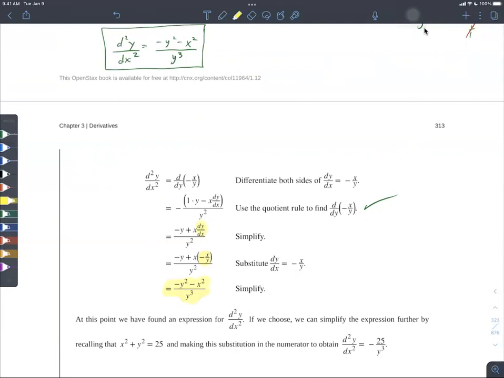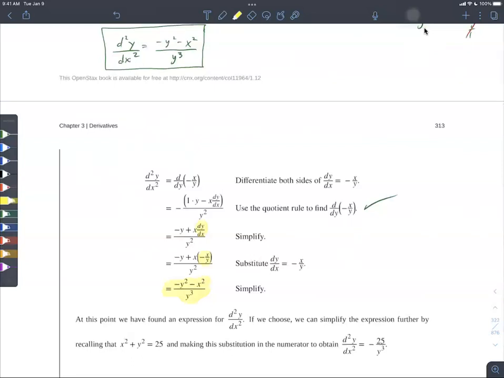Okay, at this point, we have found an expression for the second derivative. It says if we choose, we can simplify the expression further by recalling that x squared plus y squared equals 25. That's a good point, actually. Making the substitution in the numerator, we obtain the second derivative of y with respect to x is negative 25 over y cubed.